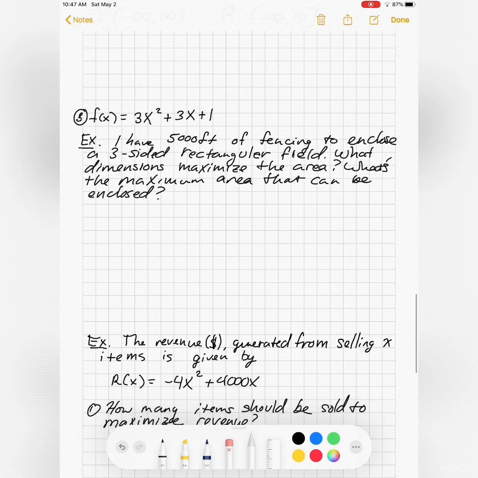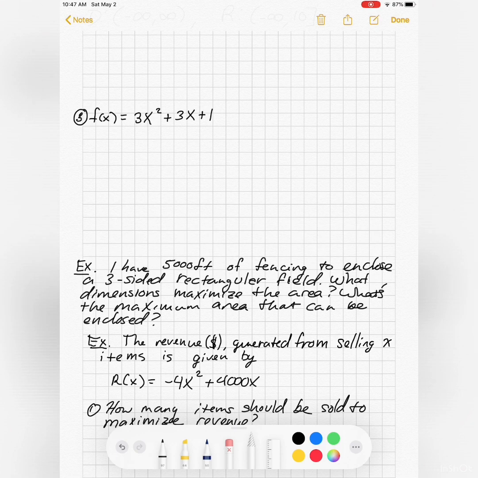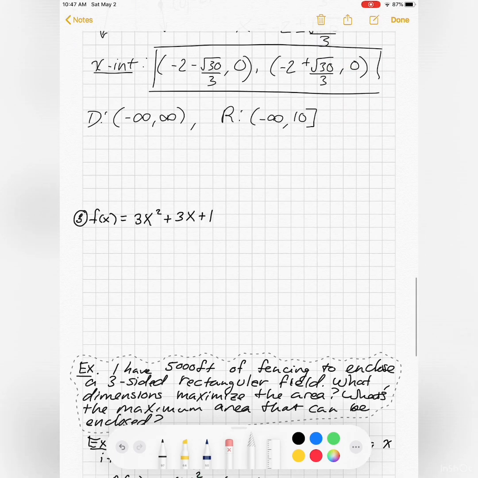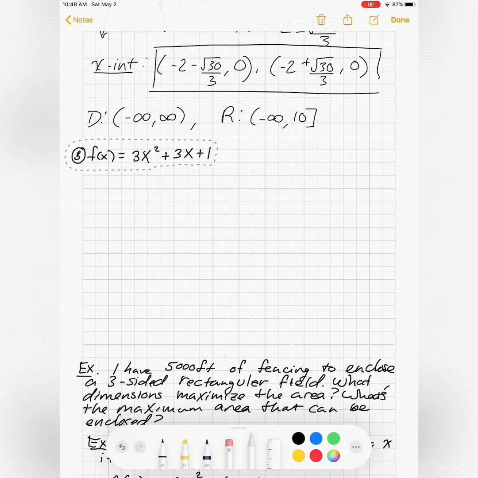Now, I want to do one more. I don't want to do the whole graph and everything, though. I'll just do the completing the square part and put this in standard form, just because I wanted to show you one where we're dealing with a fraction. So move the constant.